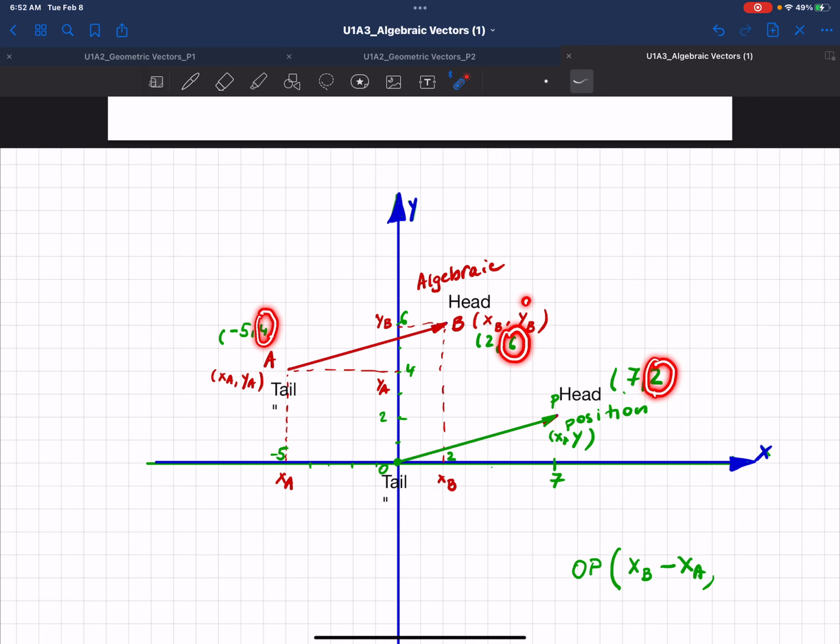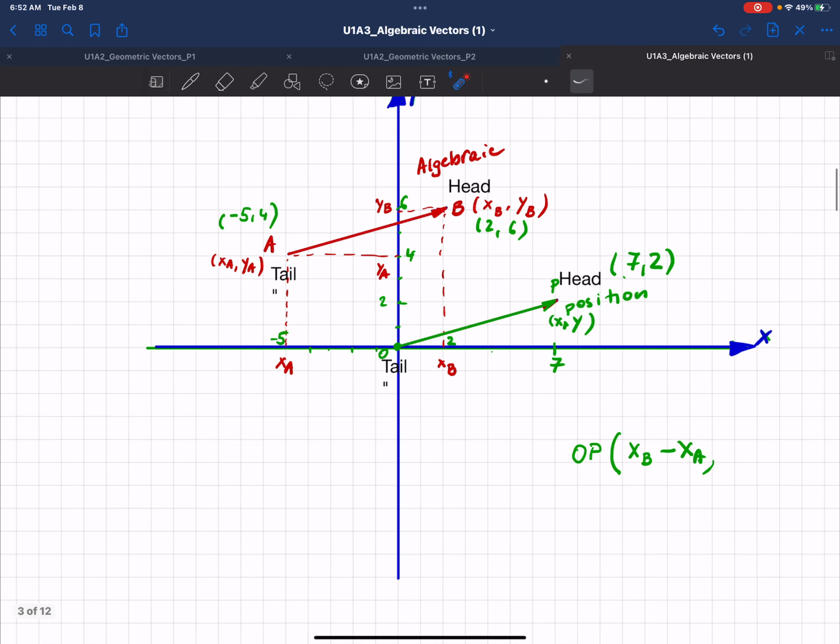For the position vector, the y coordinate is 2. So 6 minus 4, the difference between the y coordinates, yb minus ya.